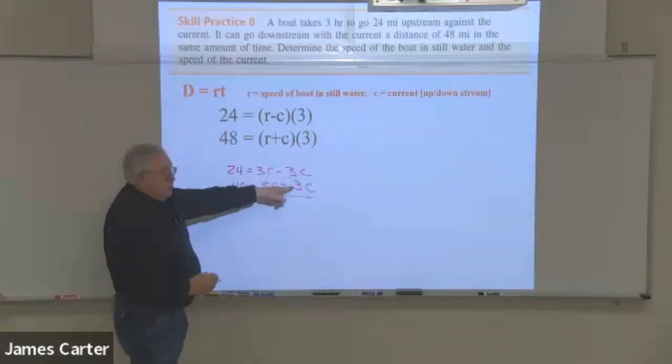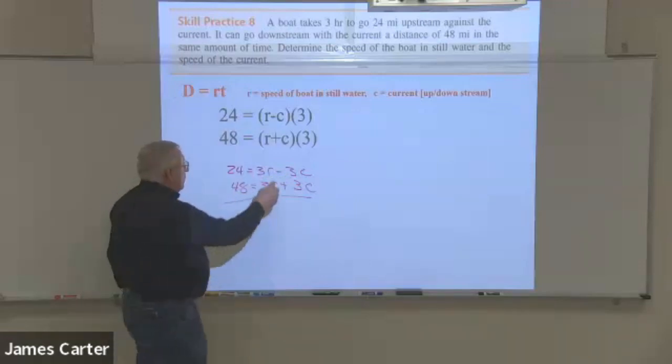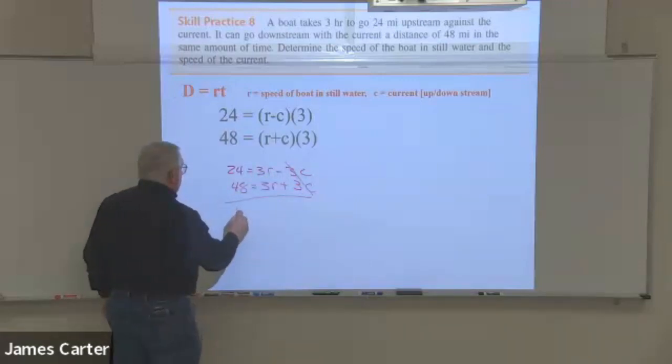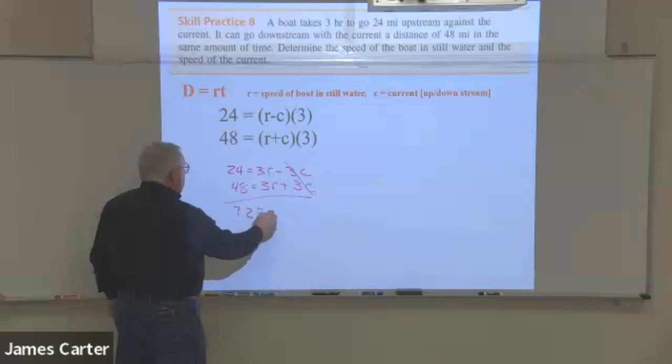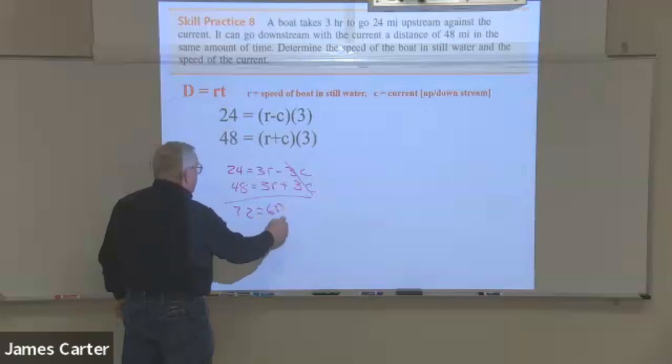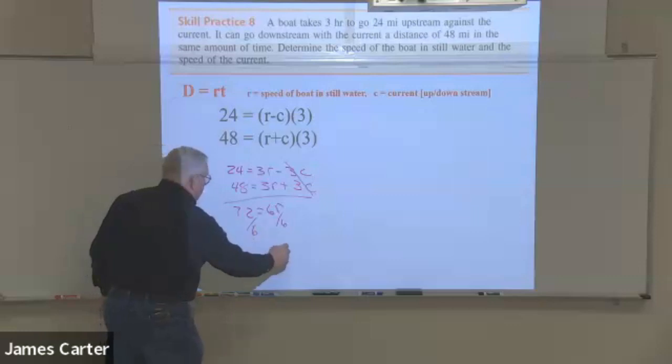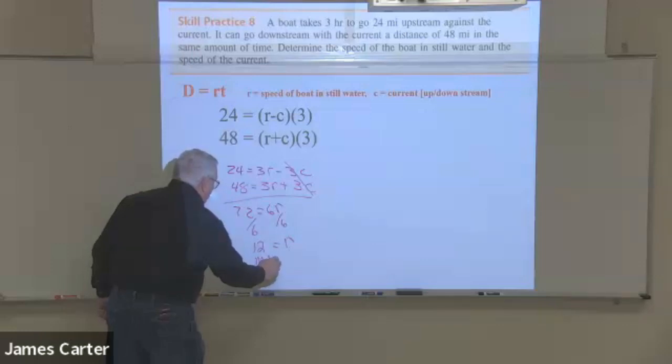I've got a natural opposite pair here. So in this case, 24 plus 48 is 72, I believe, equals 6R. Divide by 6, and we get R equals 12 miles per hour.